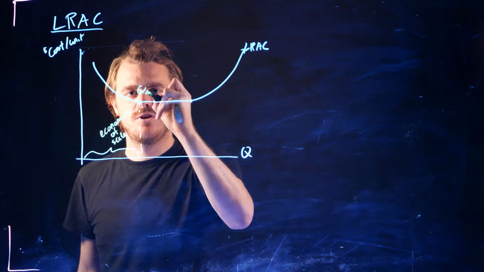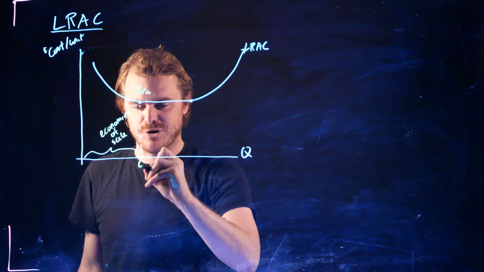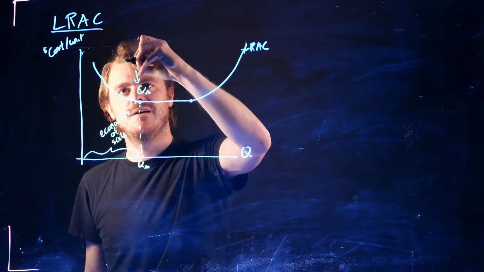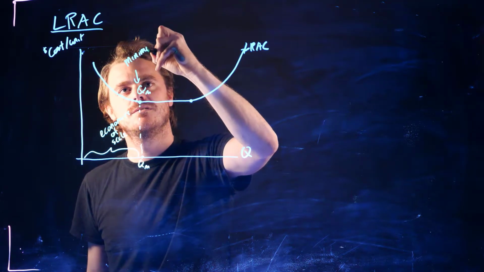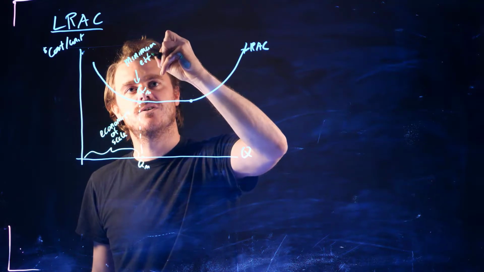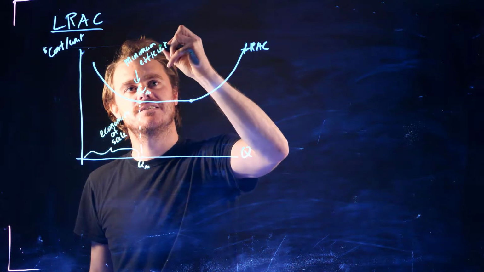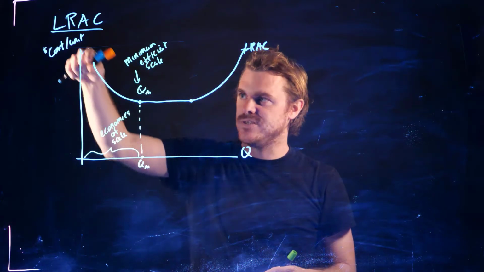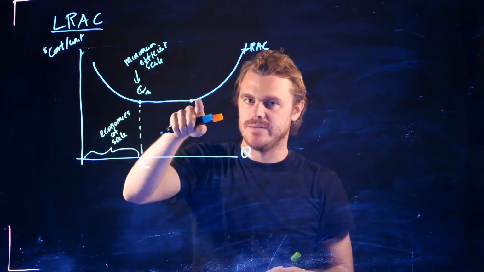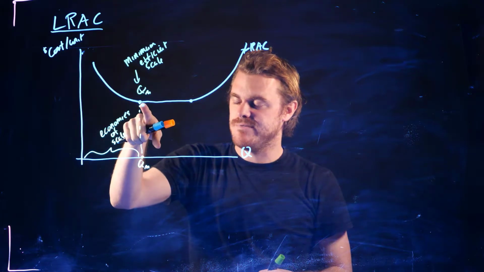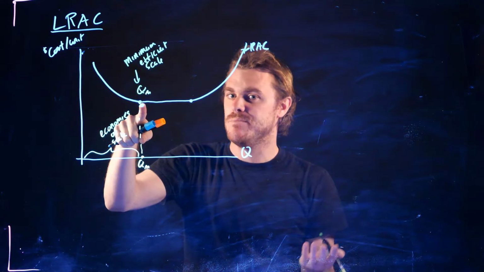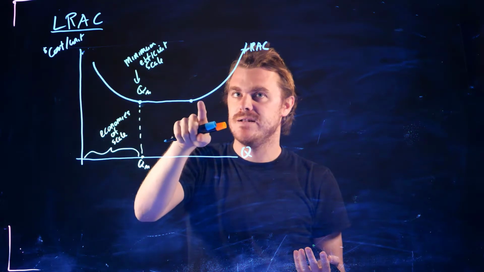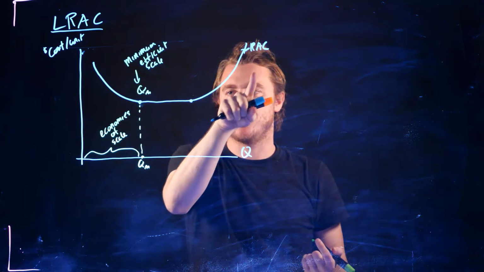I might call this QM, which is the minimum efficient scale. The minimum efficient scale is the level of production that gives you the minimum cost per unit. It's the minimum level of production that minimizes this long run average cost curve.